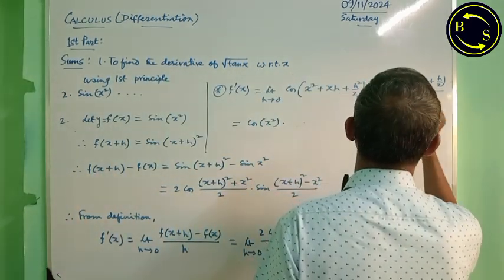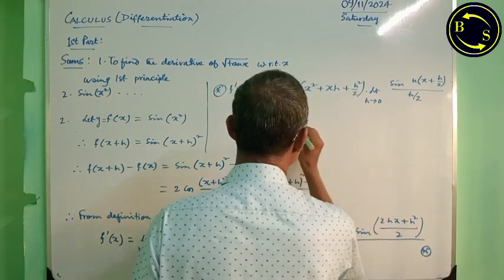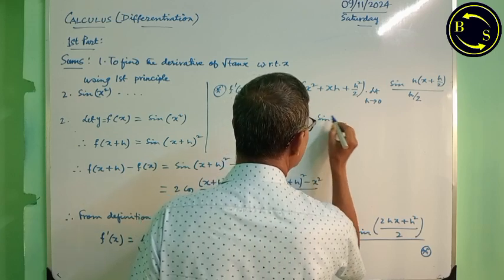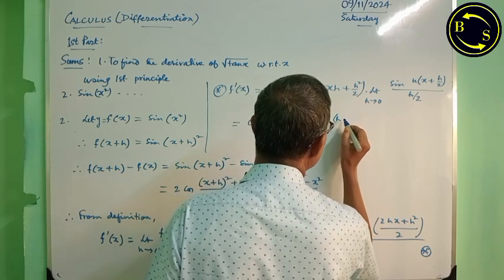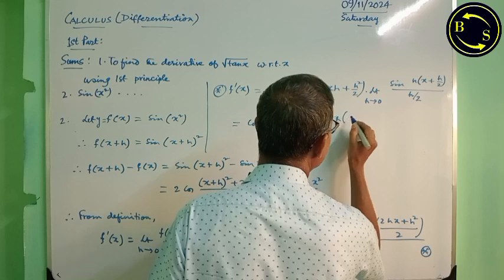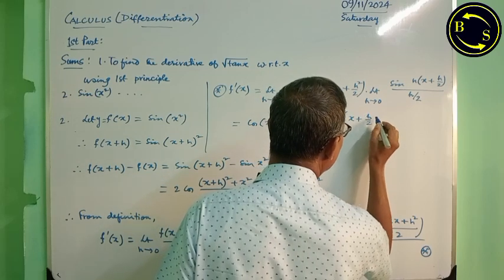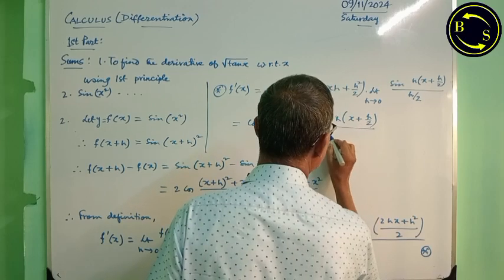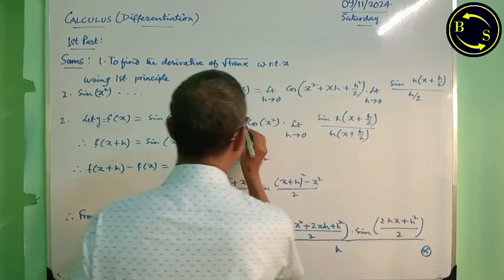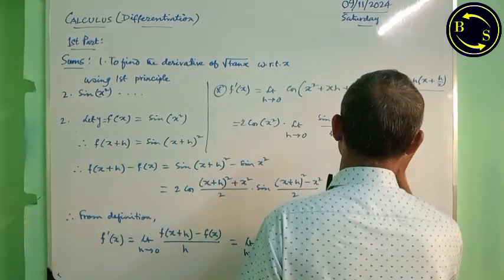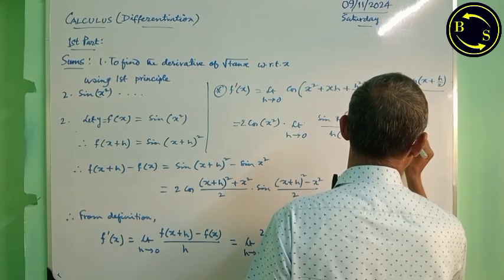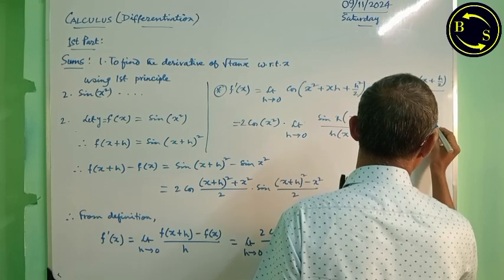Now to get the standard limit form, we write it as limit h tends to 0 sine of h into (x plus h by 2) by h into (x plus h by 2), and this 2 is taken outside, into (x plus h by 2).